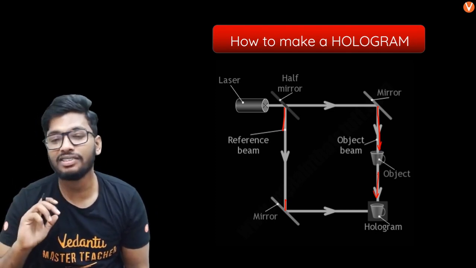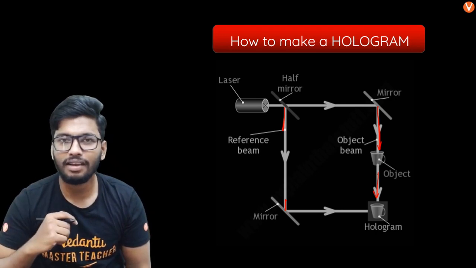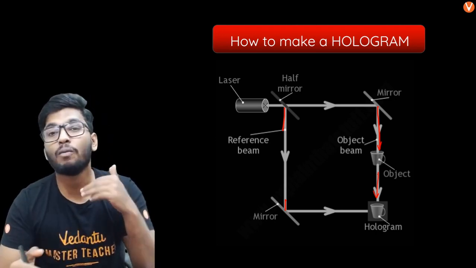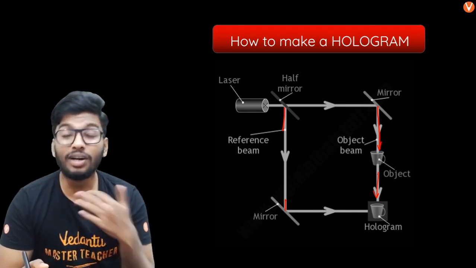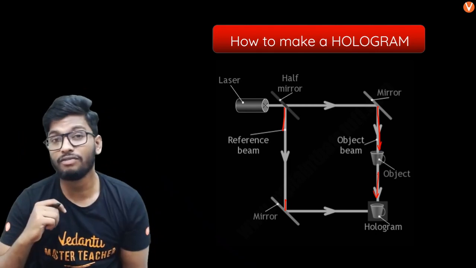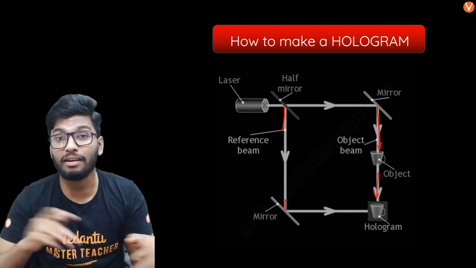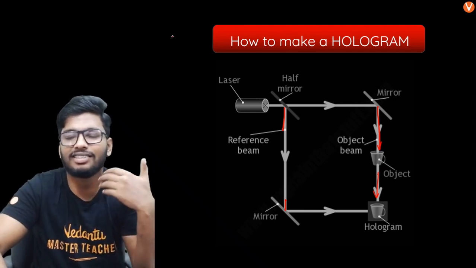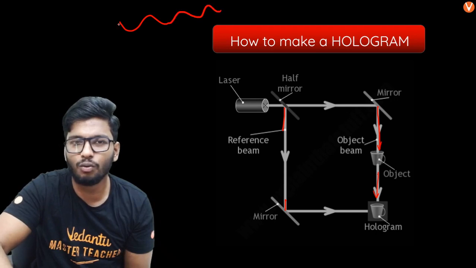So what happens is that this reference beam, when it falls on the object beam, creates something called a superimposition. In other words, it creates something called an interference pattern. Some parts on this photographic plate will have two rays of light falling on the same plane. We consider light as a wave, so these two waves would superimpose on one another.